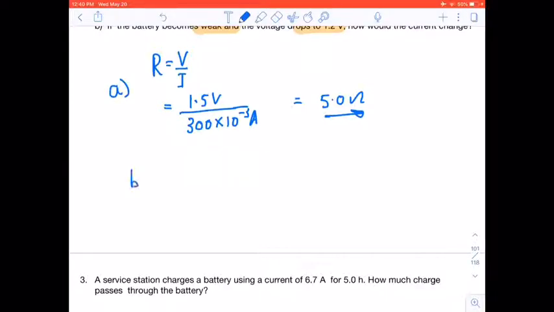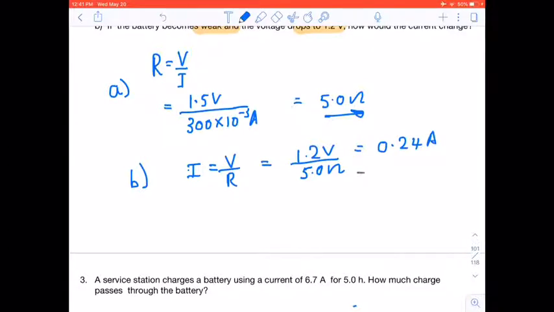And B, if it drops to 1.2 volts, so we know I is equal to V upon R. If the battery voltage drops to 1.2 volts, and it can drop, like I said, if the rate of the reactions in the battery has slowed down, and the resistance is a property of the battery, and that remains the same, which would then mean 5.0 ohms, which means 0.24 amps, which is the same as 240 milliamps.